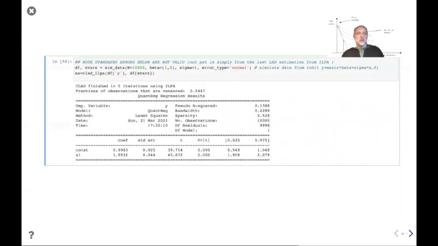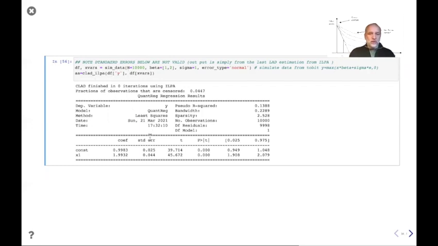I have to say that these standard errors we're plotting here are not valid. These are just the standard errors that you get from the last iteration of this algorithm, from doing least absolute deviations. So I'm going to talk next about how to actually estimate those standard errors, because we can't use theorem 12.3.